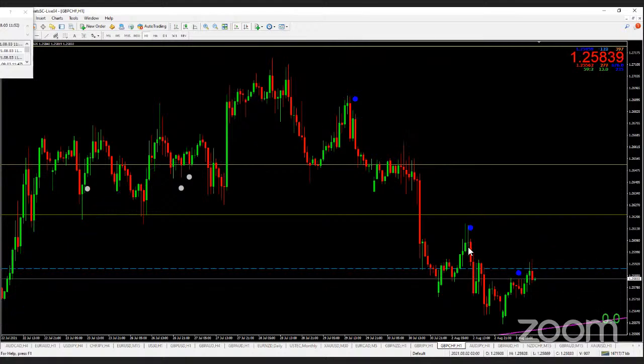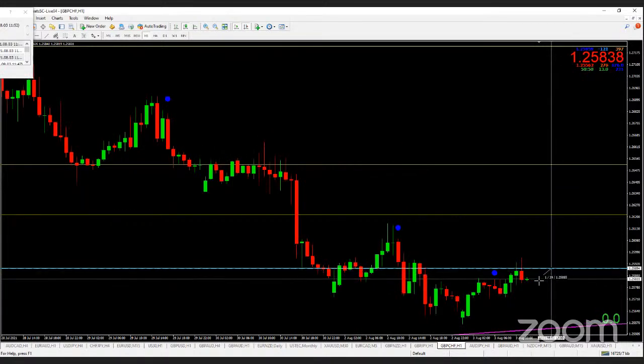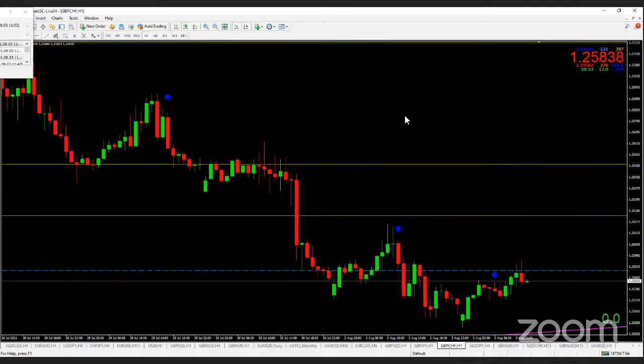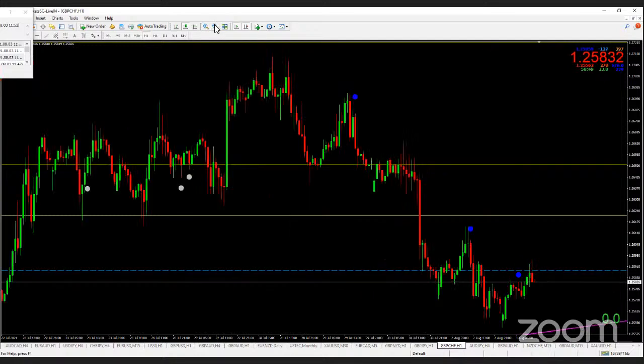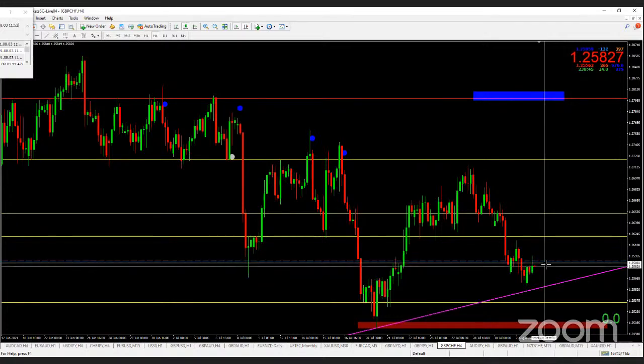So we got in here, which means we are currently like 7 pips or so in drawdown. That's nothing, considering that our stop loss is here. The stop loss is like 80 pips away. So the 7 pip drawdown is nothing.